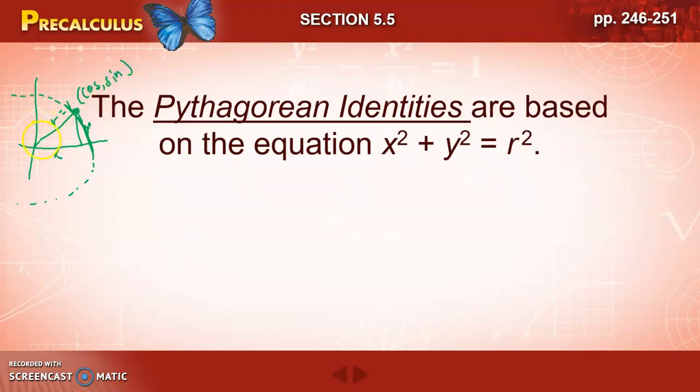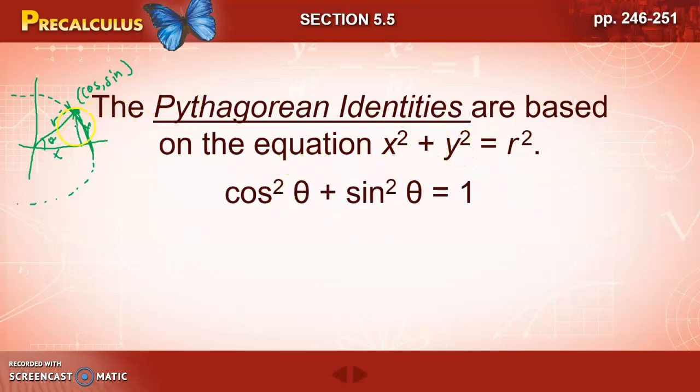The cosine and sine of this angle will help me find this value, because cosine is x and sine is y. So keep all of that in mind, and our radius is 1. So the Pythagorean identities are based on that equation. x squared plus y squared equals r squared. We know that cosine is x, so we can write that as cosine squared theta.